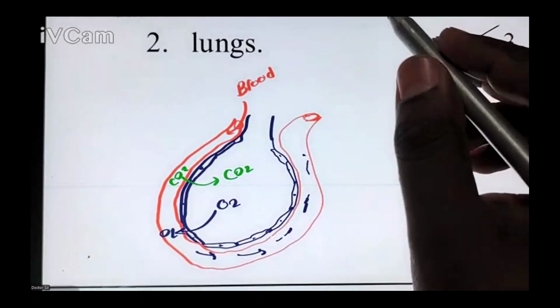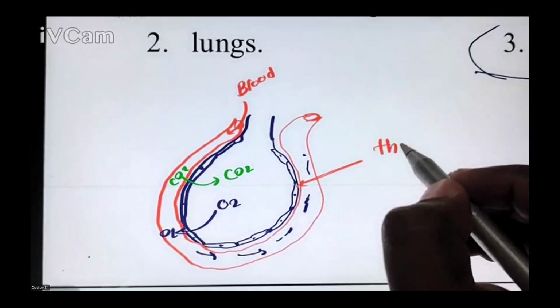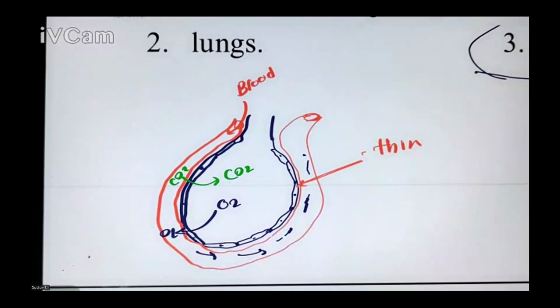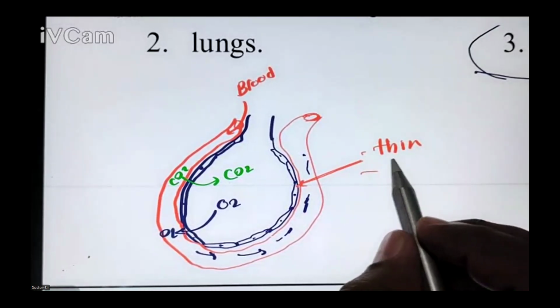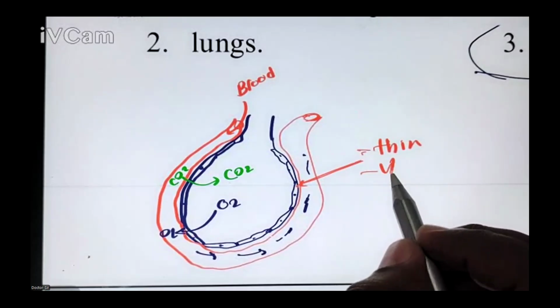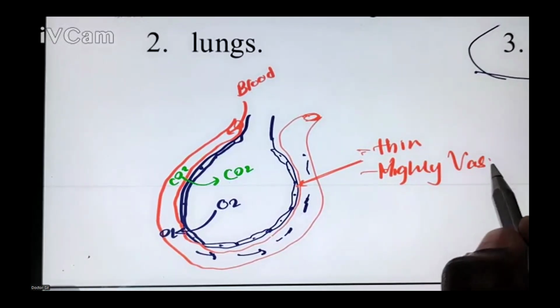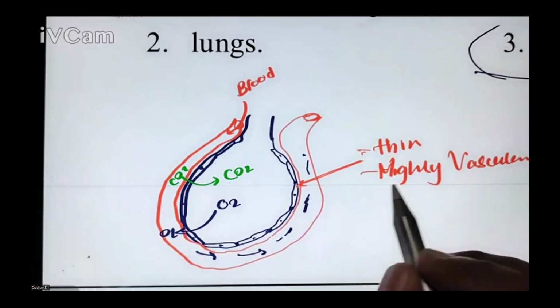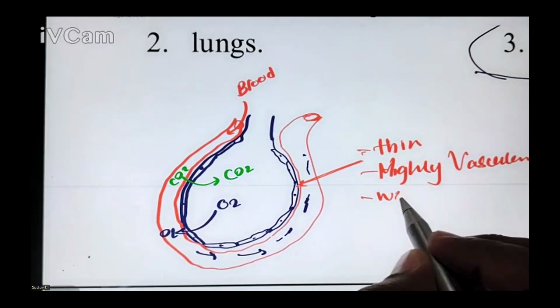So what are the characteristics? The alveolar wall should be very thin. Number one, very thin. Then it should have more blood vessels, so highly vascularized. Next, it is a wet surface.